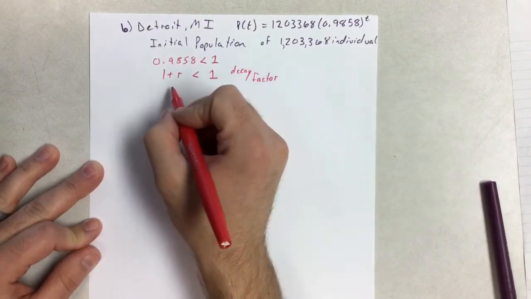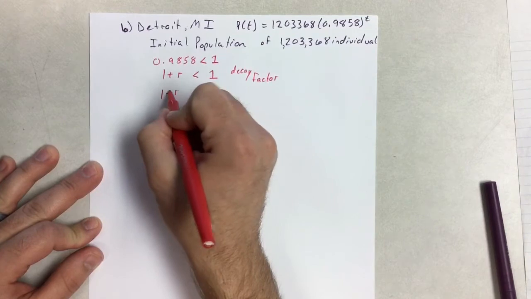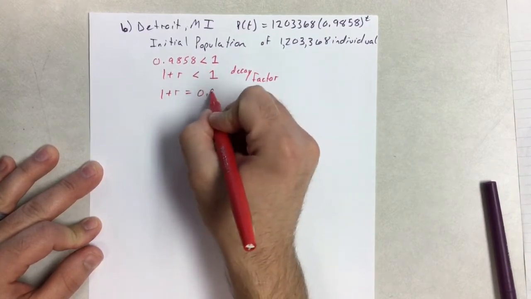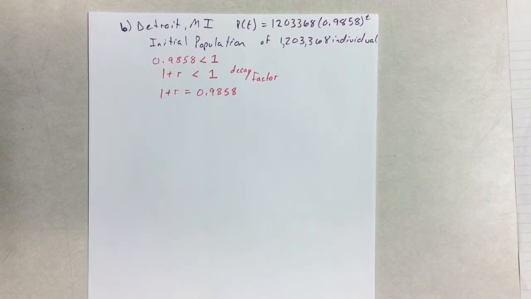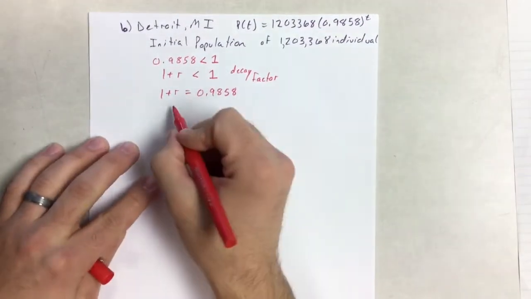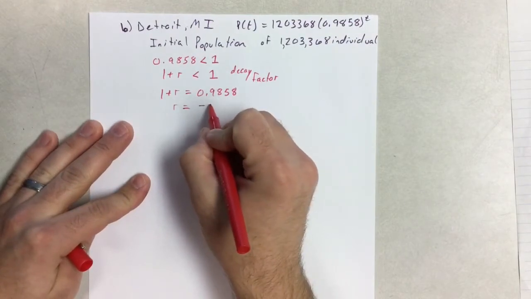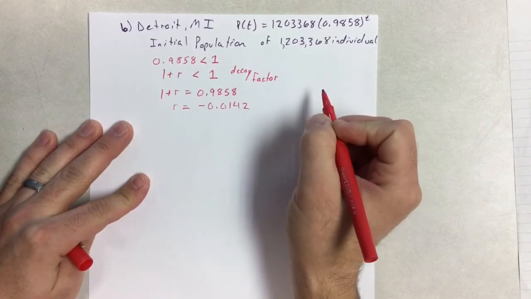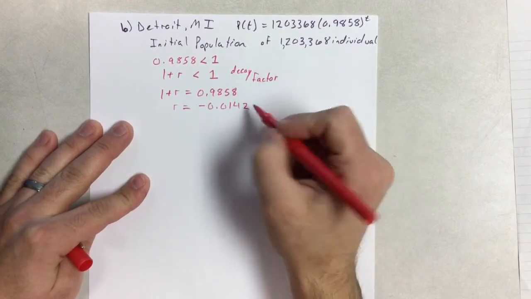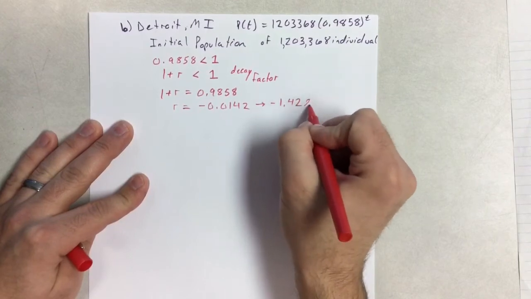So we get from this through solving, again, we're setting 1 plus r equal to 0.9858 and solving for r, we find that our rate is negative 0.0142. And converting it to a percentage, we get negative 1.42%.